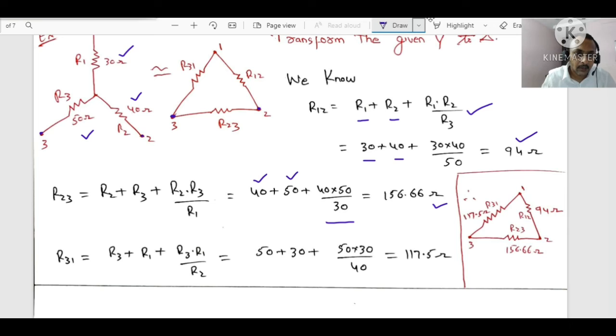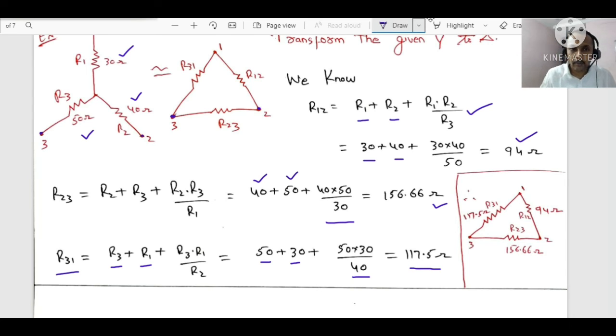Dear students, similarly R31 is R3 plus R1 plus R3 into R1 divided by R2, equal to 50 plus 30 plus 50 into 30 by 40. We will get that value as 117.5 ohms.